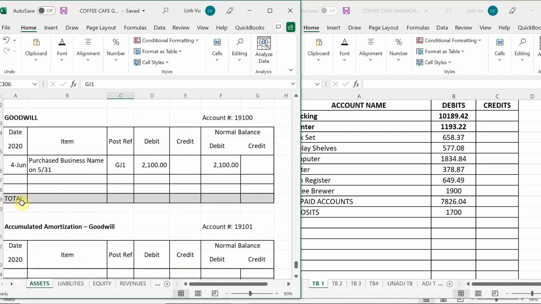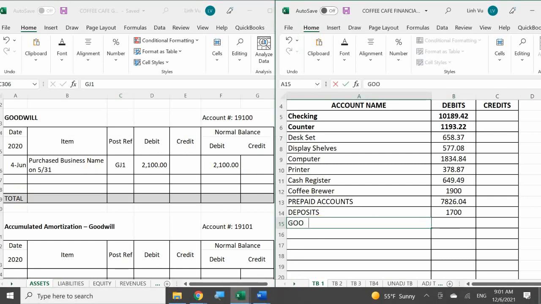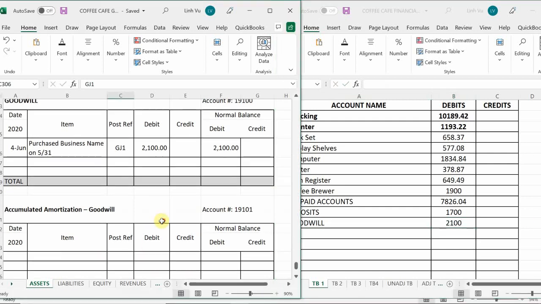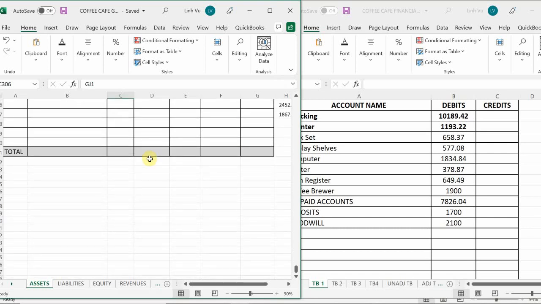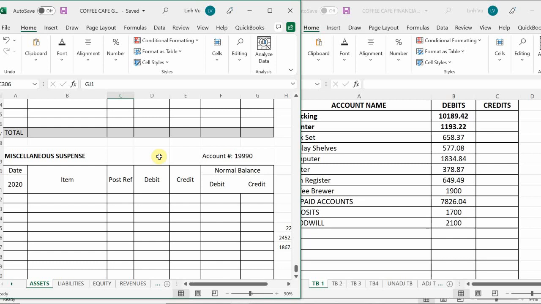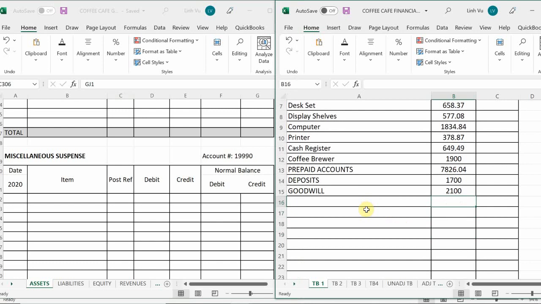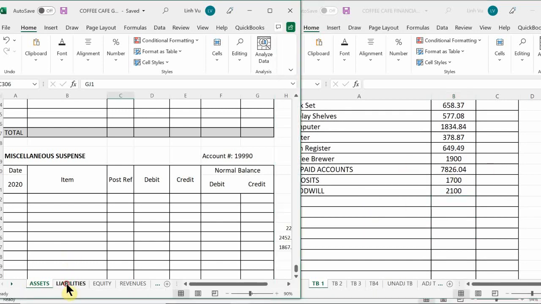Then we purchased goodwill for a grand total of $2,100. And in this case, do we have anything in our miscellaneous expense account? No, nothing there. Okay. So that was all of our assets balances that we have so far. Okay? So that means we can go ahead and move on to the next tab here.